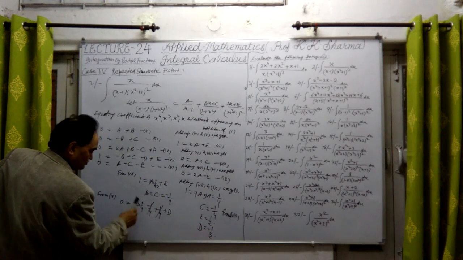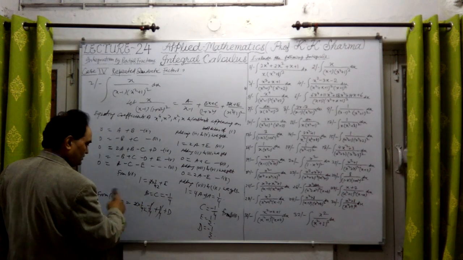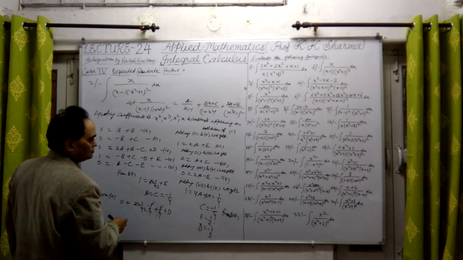Take 1/2 to this side, so D is equal to minus 1/2.